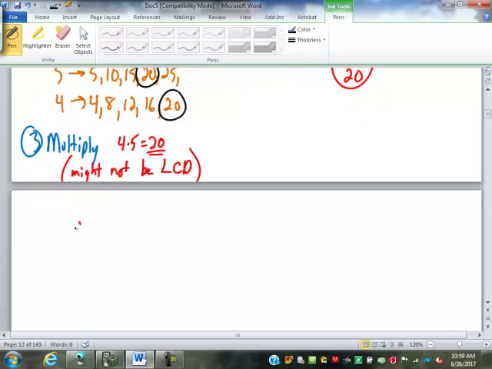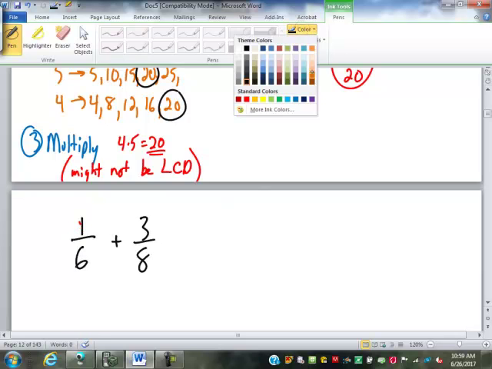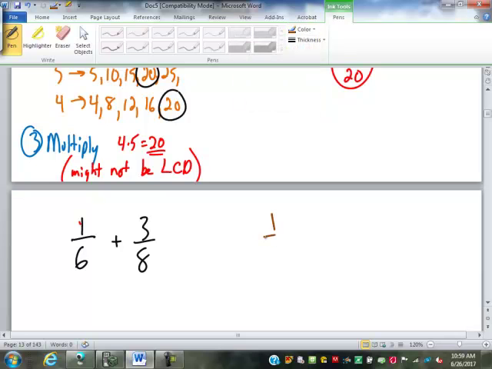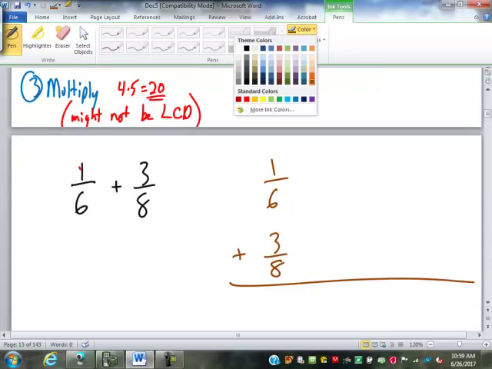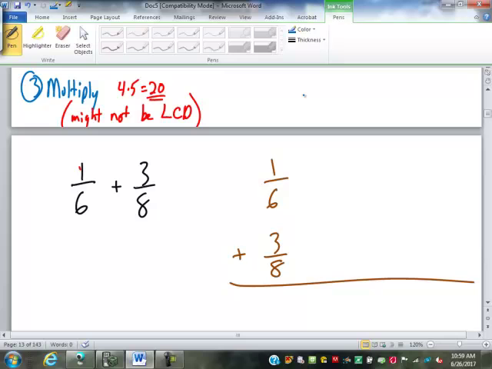I might have 1/6 plus 3/8. First thing I need to do is find my common denominator.